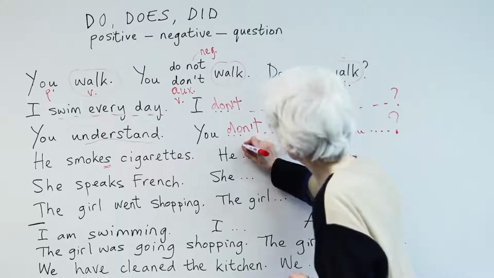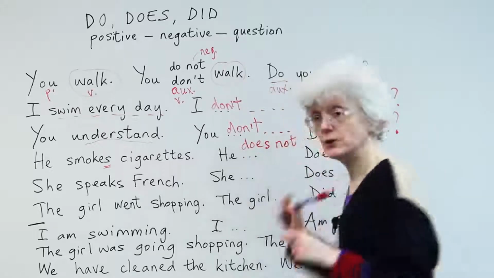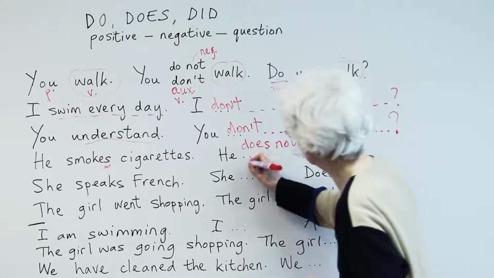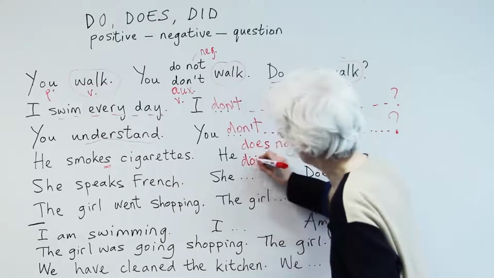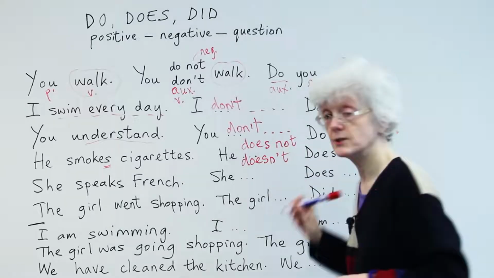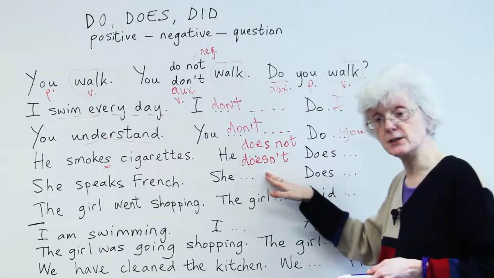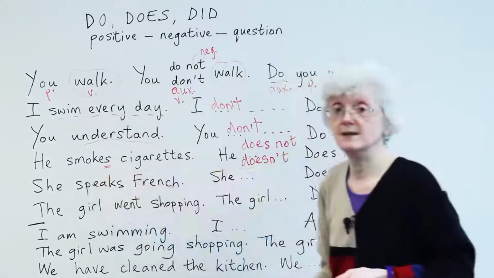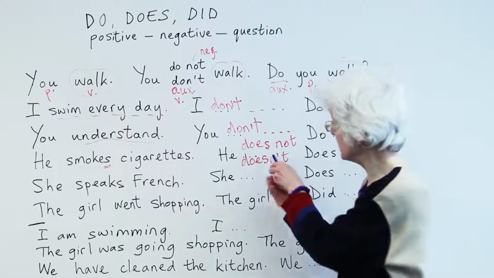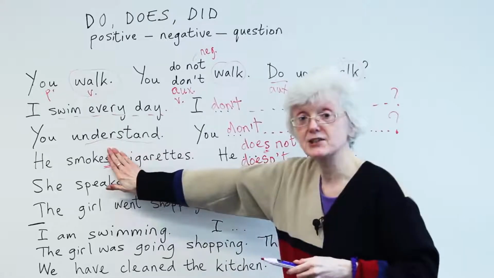Okay, so it's either does not, D-O-E-S, not, or D-O-E-S-N apostrophe T. He does not, he doesn't. And then something else happens. Because we've got an S now in does, we no longer need the S there.